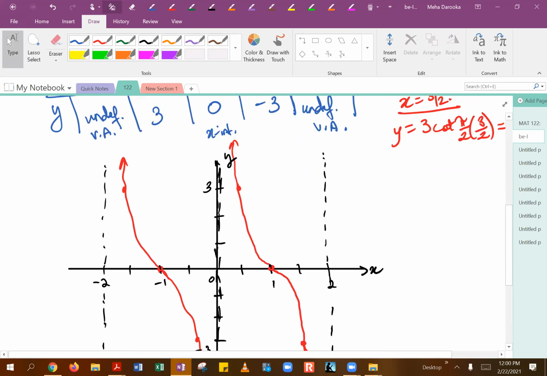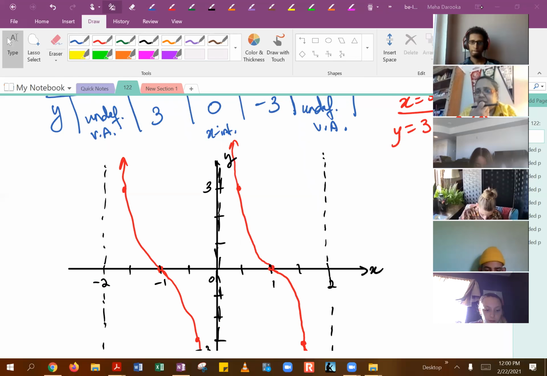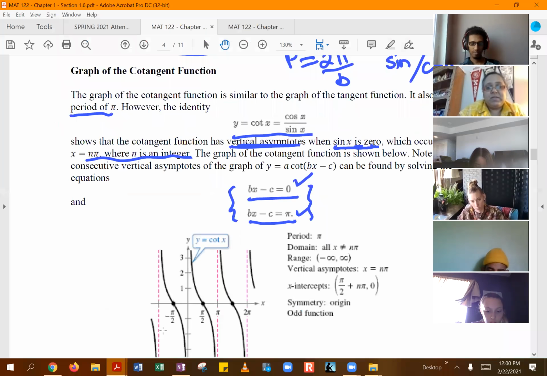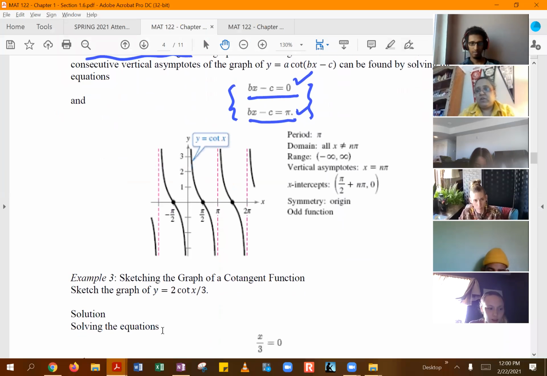You will notice that this graph is decreasing, right? It is going down as you go from left to right. But in this example, it does not have to do with the A value, because you can see our A value was positive 3. This is actually because cotangent is the reciprocal function of tangent. So that's why in general form, your cotangent is decreasing. Look at this basic cotangent function.